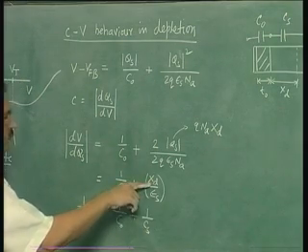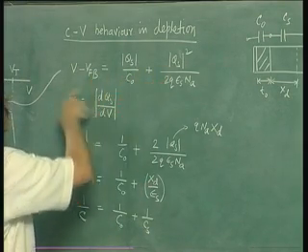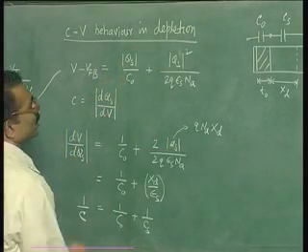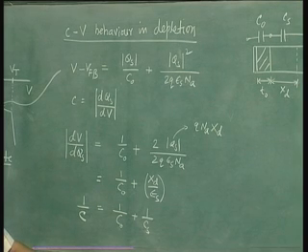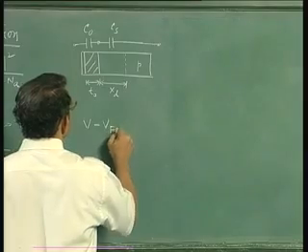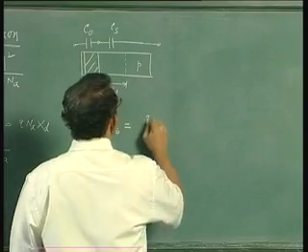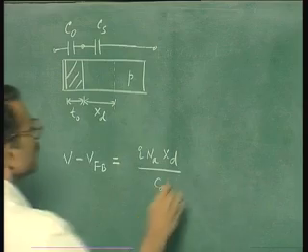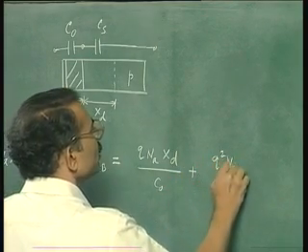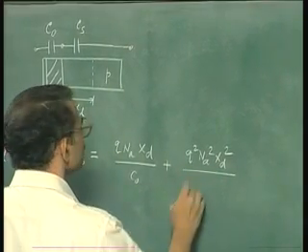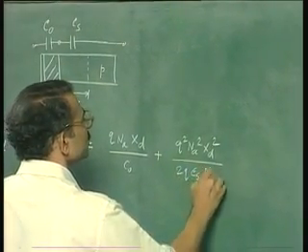To know Cs as a function of voltage, we need to know Xd as a function of voltage. Xd as a function of voltage is actually given by this formula, where you can replace Qs by Q Na Xd. So when you do that, what will you get? V minus VFB is equal to Q Na Xd upon C0 plus Q square Na square Xd square upon 2Q epsilon S Na.